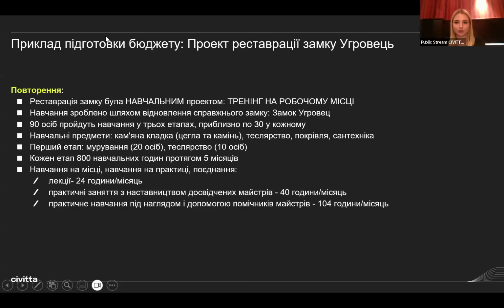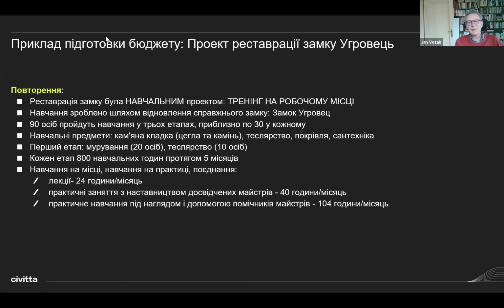Yeah, sure. And so they promised, the people owning the castle Uhrovec, they promised to train 90 people in several rounds of training. For each round, there will be 30 people trained. And there are several training subjects, which you can read on the slide.